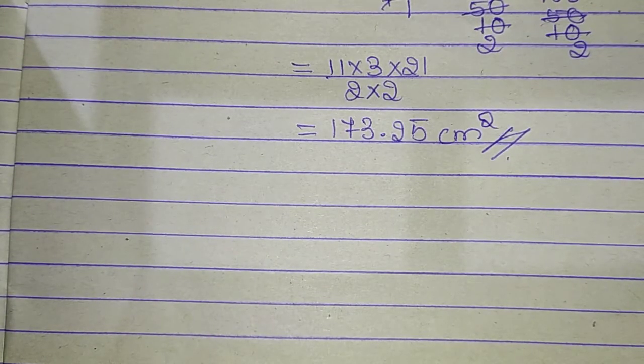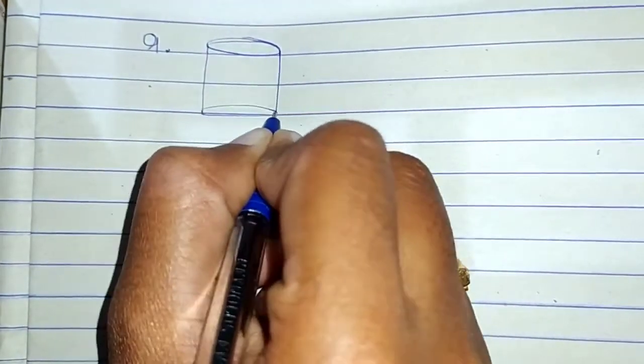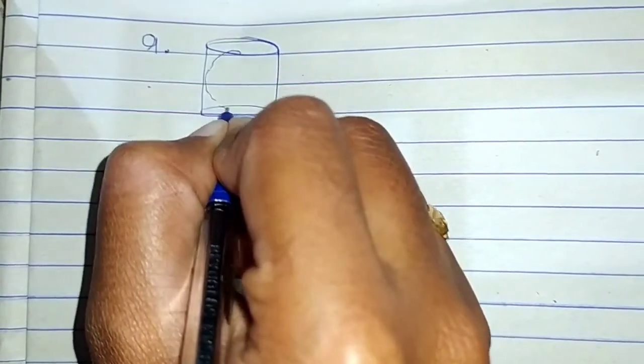So the last question of the exercise: a right circular cylinder just encloses a sphere of radius r. In the 9th question, we have a right circular cylinder. If you can see the image in your textbook, a right circular cylinder just encloses a sphere of radius r.